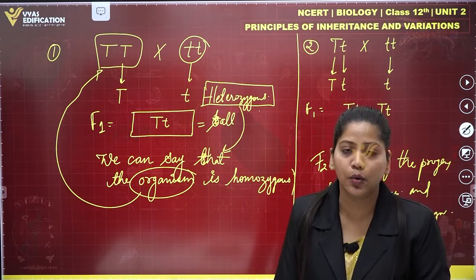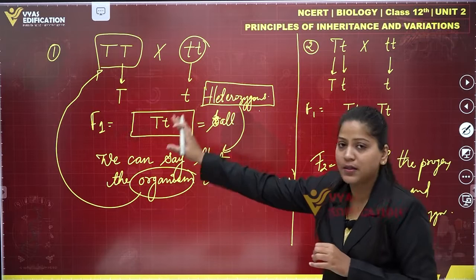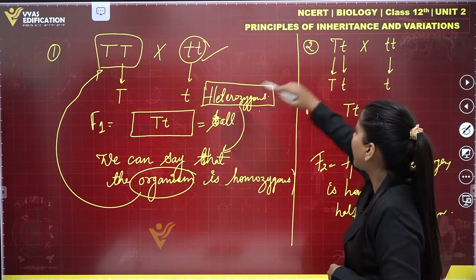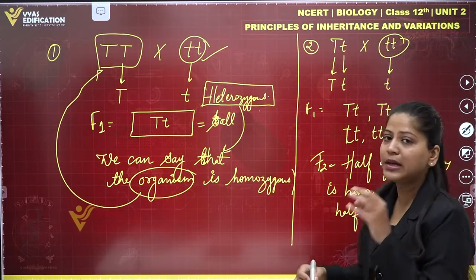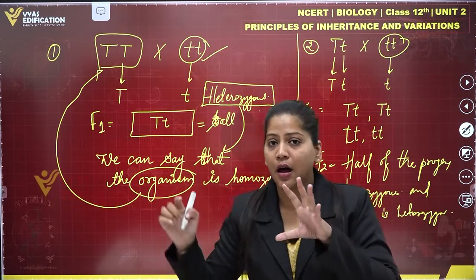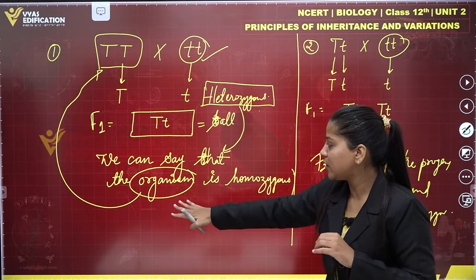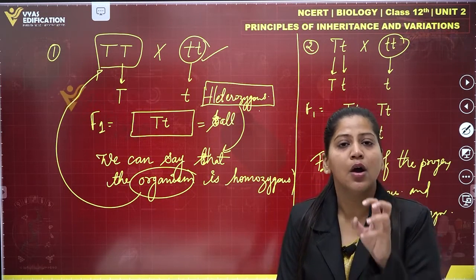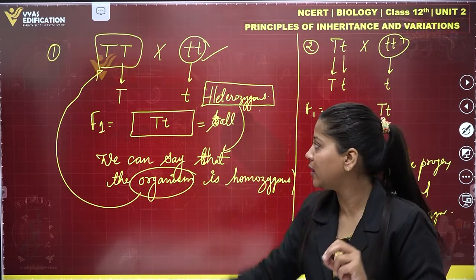So we can conclude now, by mating these organisms with a recessive parent, we can conclude the result. If all the organisms in the F1 generation are heterozygous in nature, then we can say the organism has a homozygous genotype.